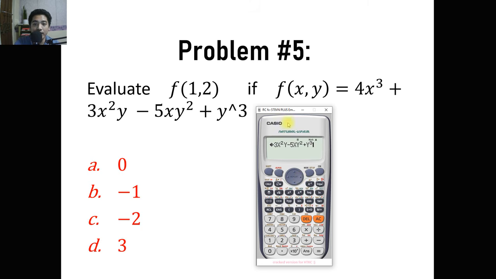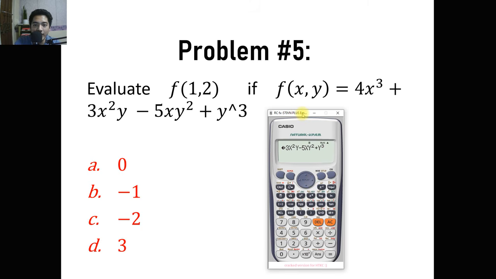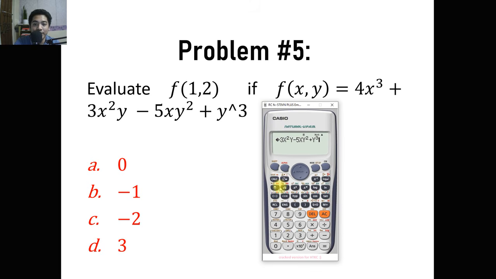Since this is only an evaluation, we can do it manually, but to be sure and to save time, we can do this. We need to press calc again. Since we have inputted two variables, x and y, the calculator will now ask you for the value of x and the value of y, of which in this case, we know this is the value of x in our function here, and this is the value of y, the 2.